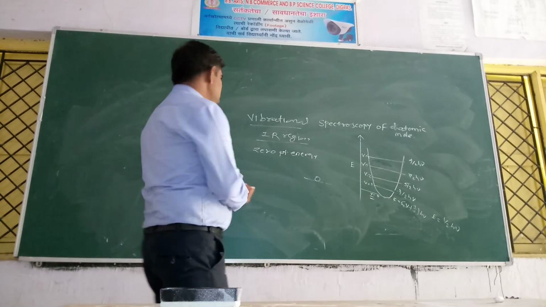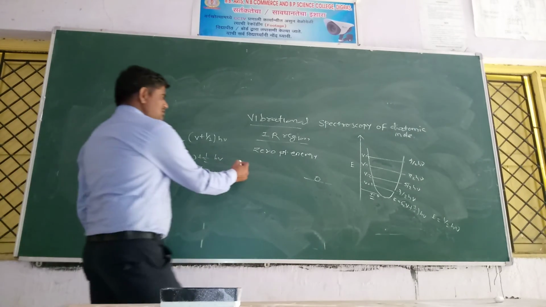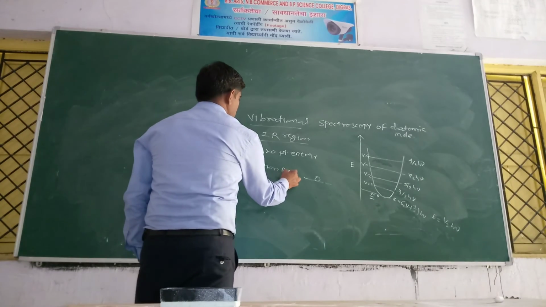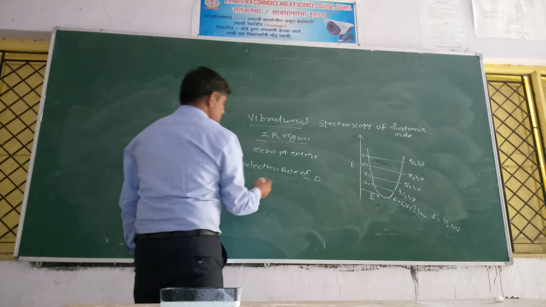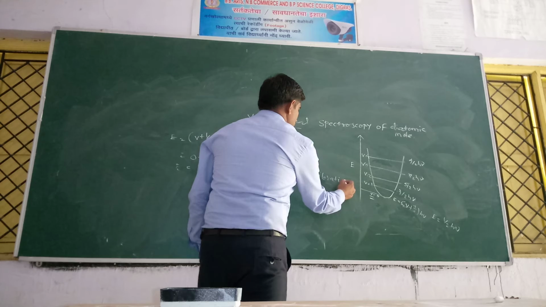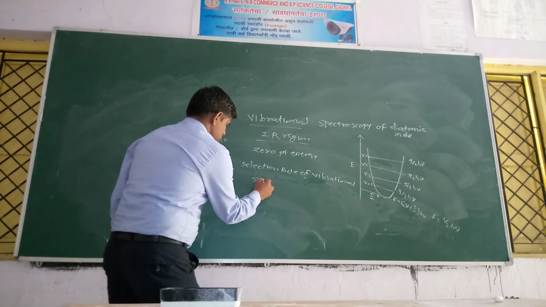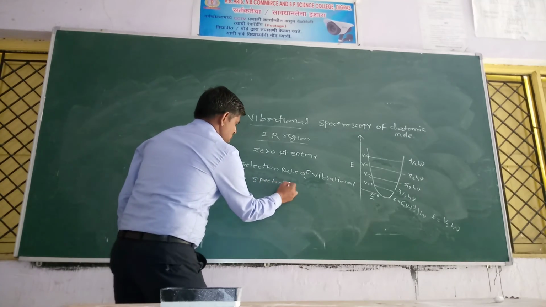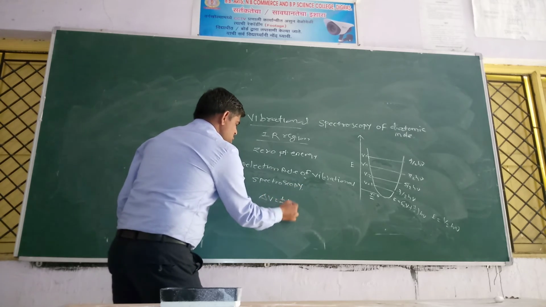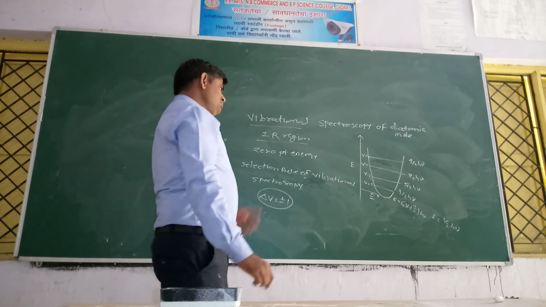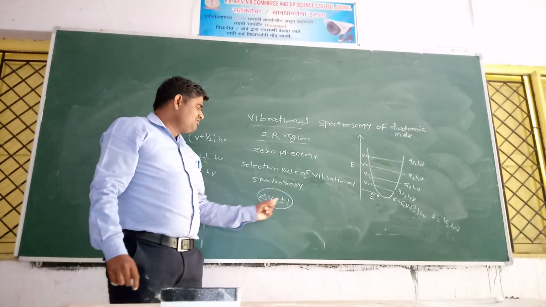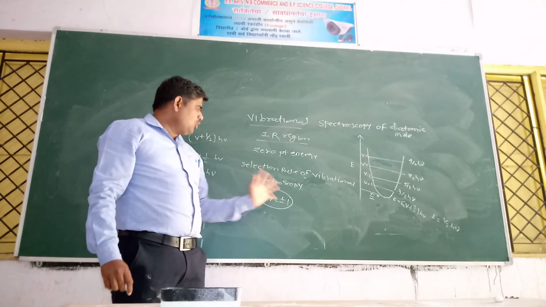Then next point is the selection rule of vibrational spectroscopy. Selection rule for vibrational spectroscopy: delta v is equal to plus minus 1.